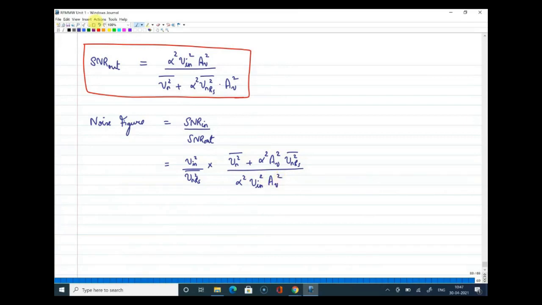Now here you can cancel the common terms. This Vn square and this Vn square can be cancelled. So this can be further written as 1 by Vn Rs square bar into Vn square bar plus alpha square Av square into Vn Rs square bar, divided by alpha square into Av square.